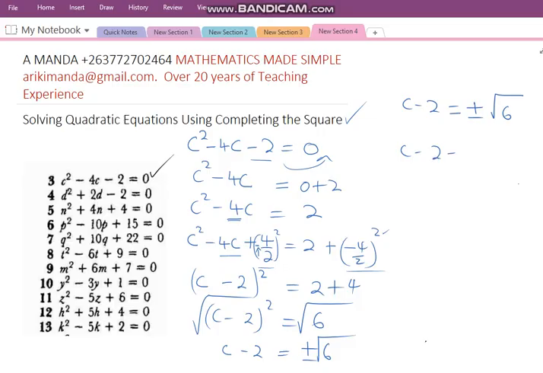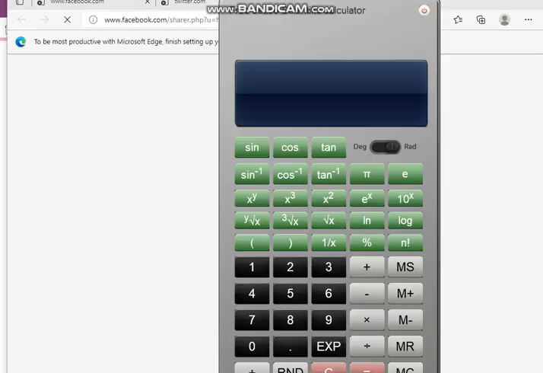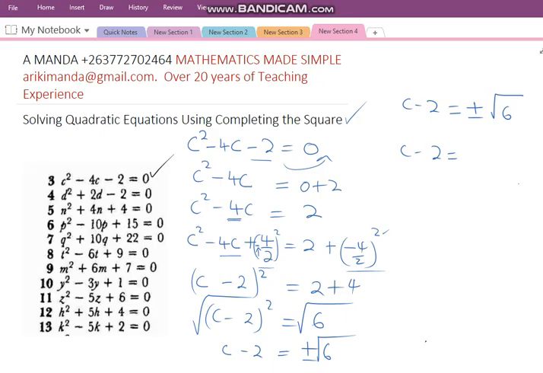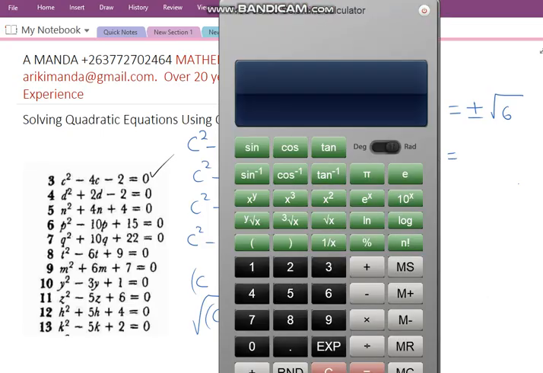So using a calculator, I'll find the square root of 6. Square root of 6 there. What is the answer? 2.45.